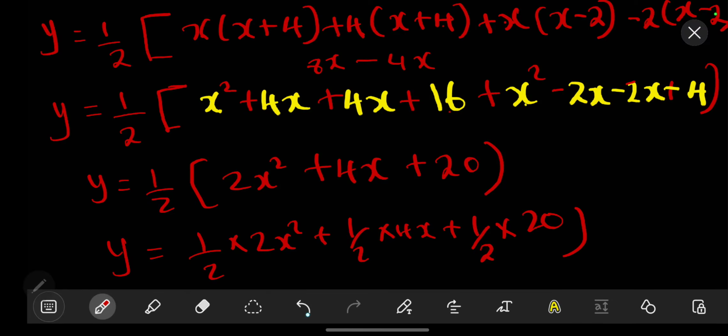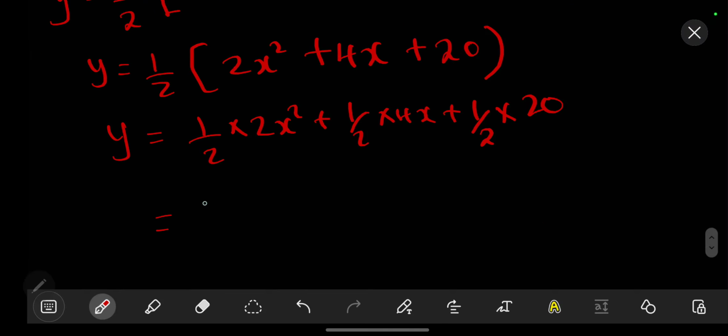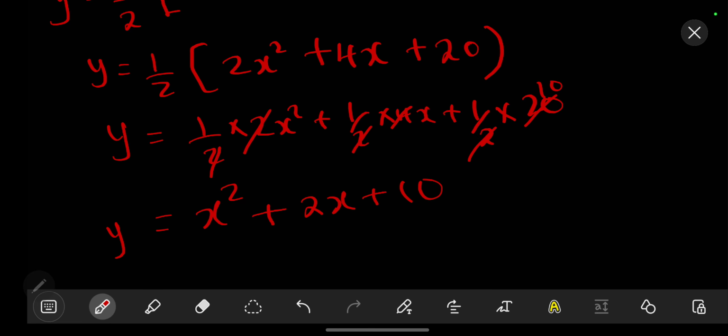So when we do that, this one and this one goes, so we remain with our x squared. Then plus, this one and this one goes, we have our 2x. This one and this one goes, we have our 10. So we are going to say plus our 10.